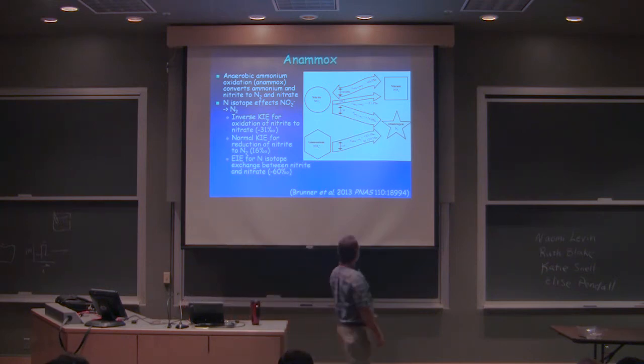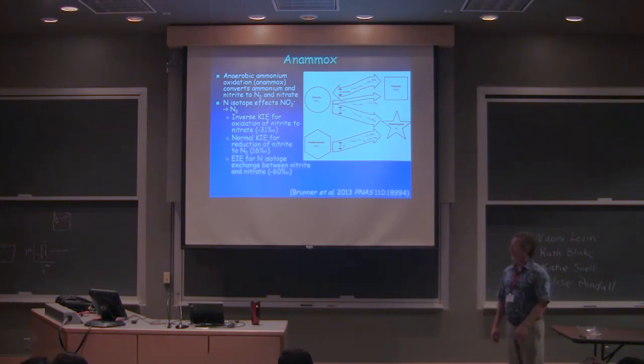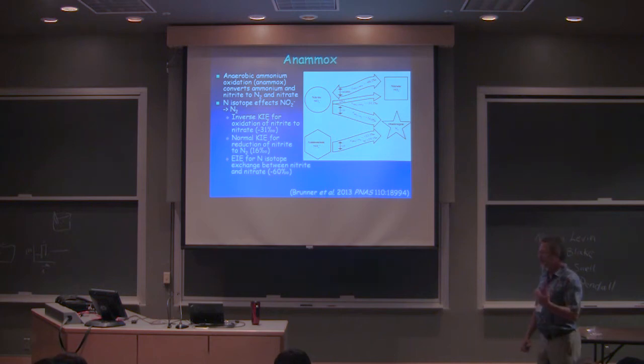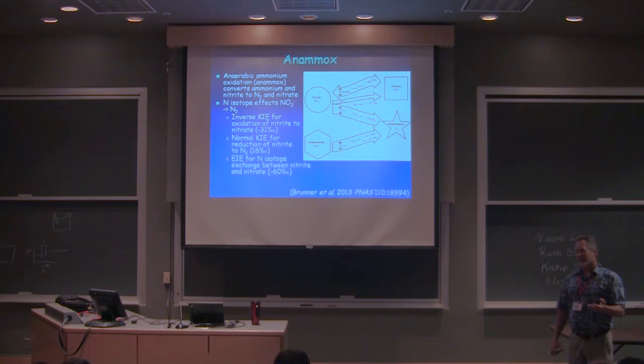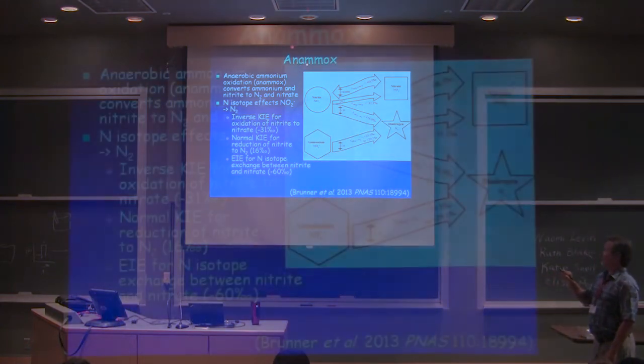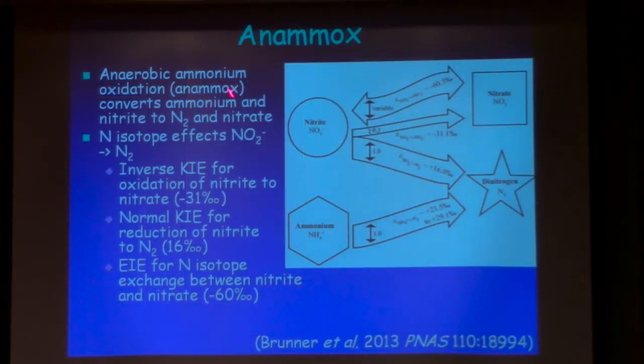Most recently, a 2013 paper, this is the first and only paper I know that has attempted to begin to tackle and understand nitrogen isotope fractionation associated with anaerobic ammonia oxidation, or Anammox. It converts ammonium and nitrite to N2 and nitrate. Here's the ammonia pool, here's the nitrite pool.